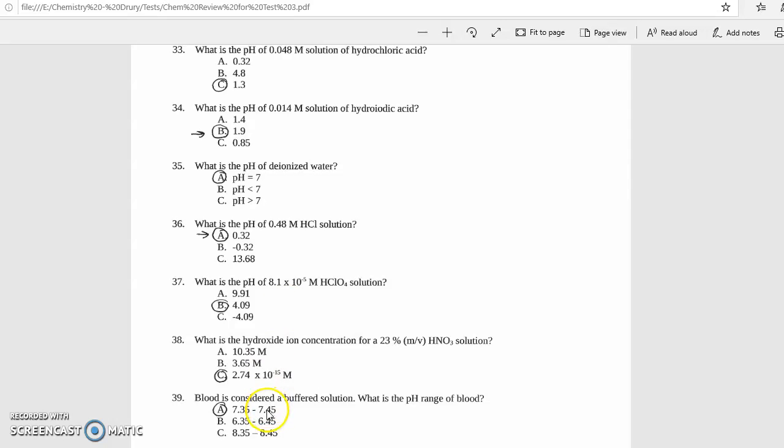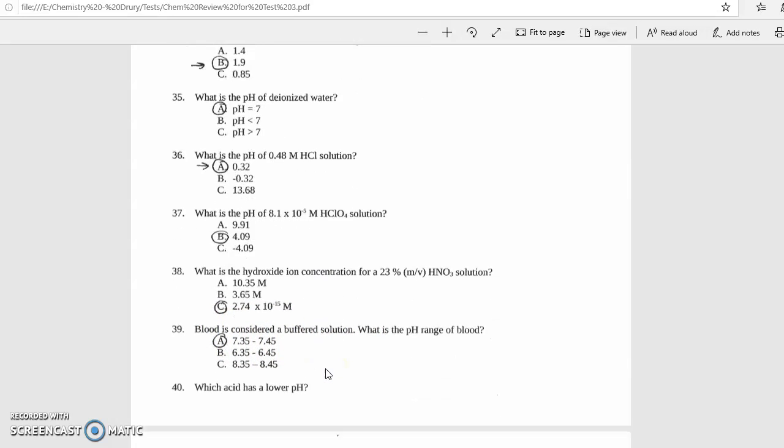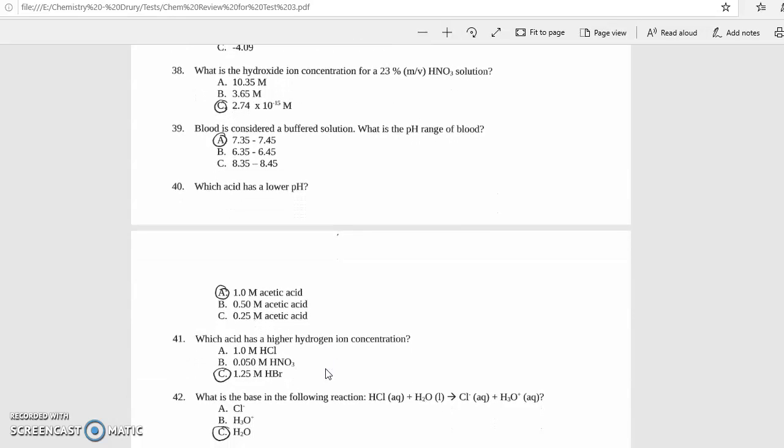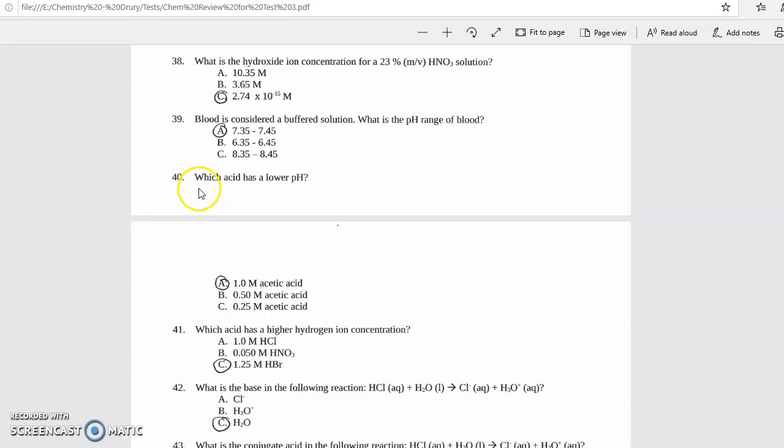Okay, and then 34, this right here was obtained from the book. It's a value that they have published there, but it's good to know that blood is a buffered solution and what the relative range of the pH of blood should be. And that is A, 7.35 to 7.45.